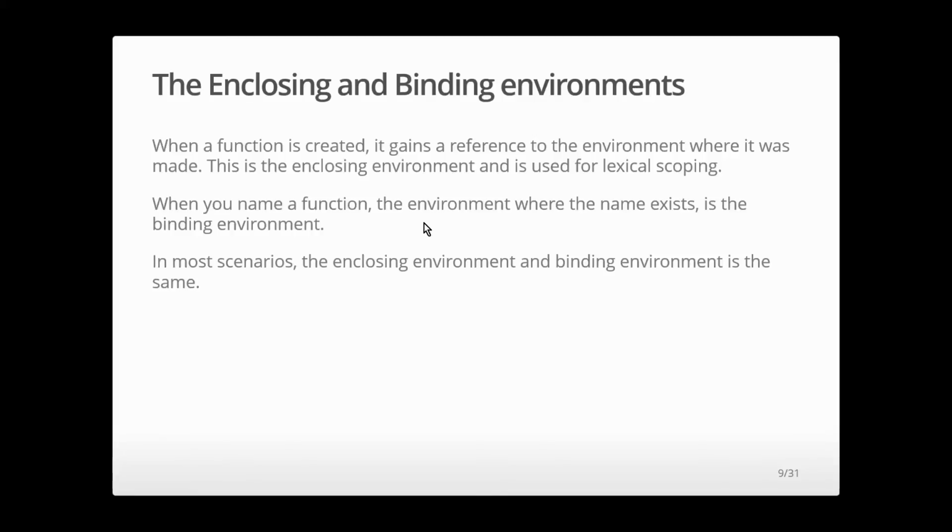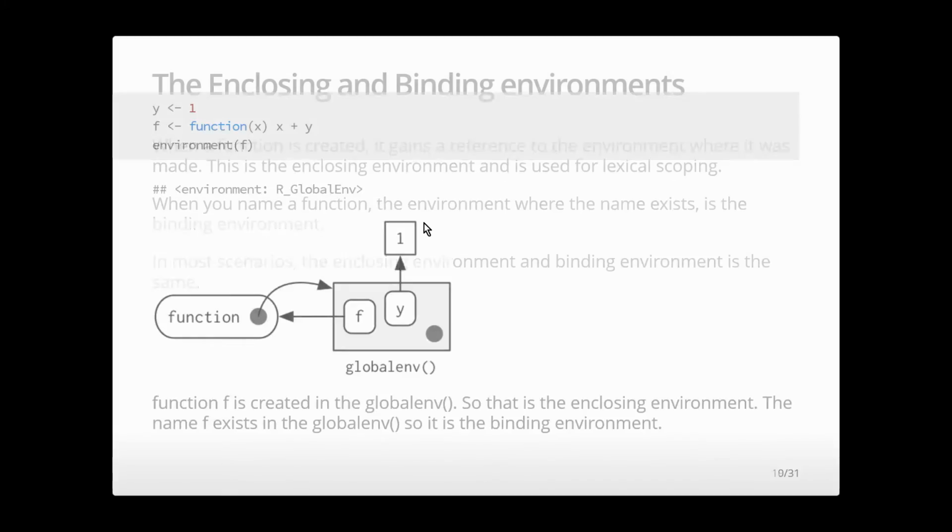However, there might be a scenario where you've created this function, but the name is stored somewhere else. Then the function resides in the global environment, but the name used to call the function might exist somewhere else. That would be a situation where the binding and enclosing environments are different. In most of your scenarios, they're the same.